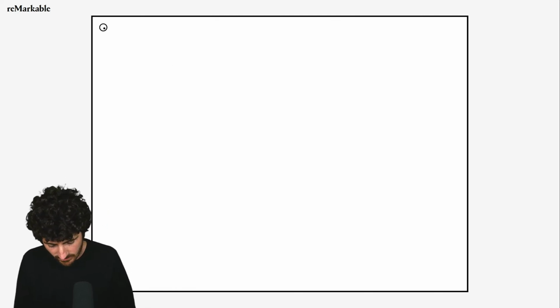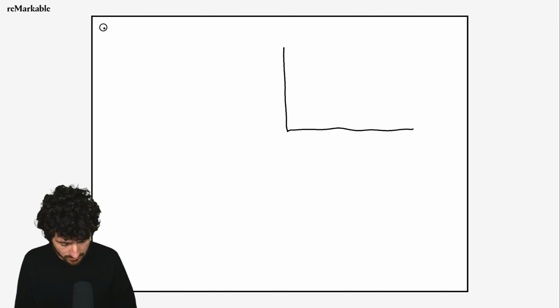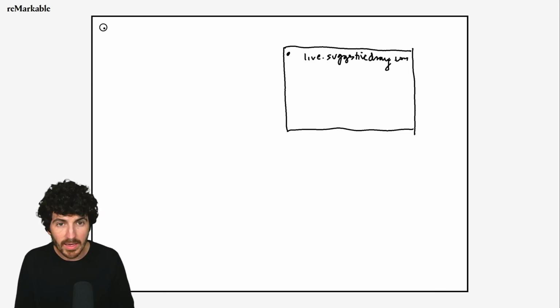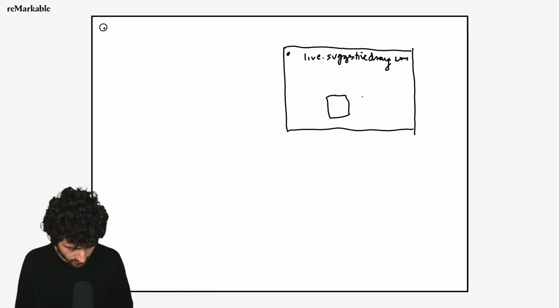So we have done an application, right? So this is an app that is on the web. So it's at live.suggestive-drawing.com. And right now we just have whatever React application we put the other day in there.